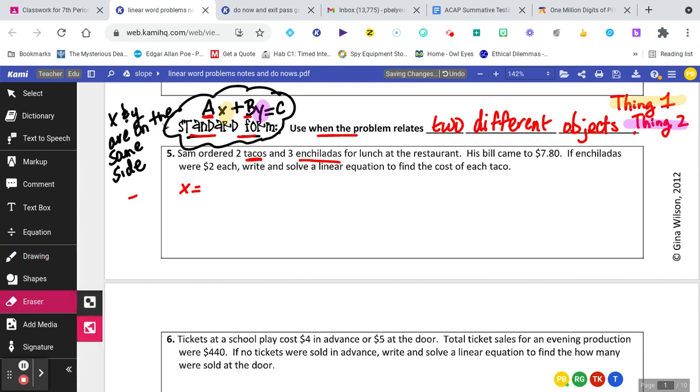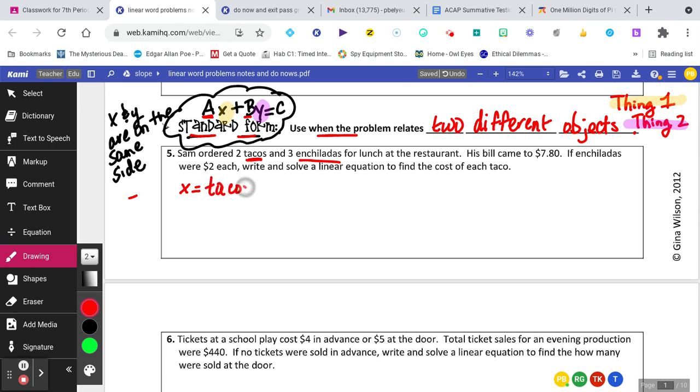It's not number, they already told me the number of tacos. Okay, I'm going to let x just represent tacos. And y is going to be the enchiladas. All right, and these are going to represent cost, guys.